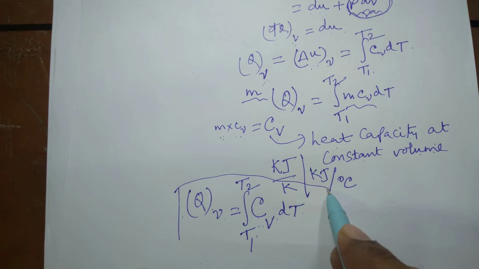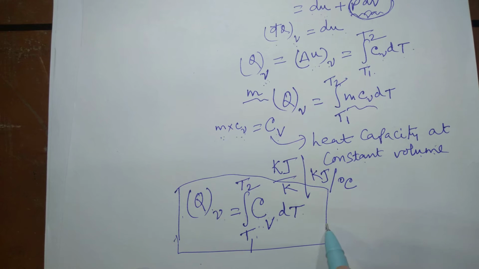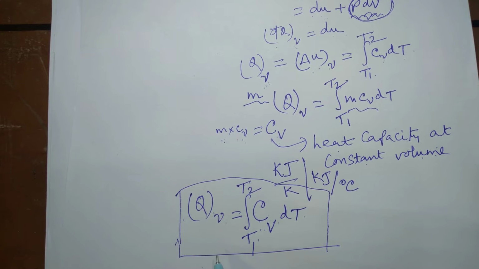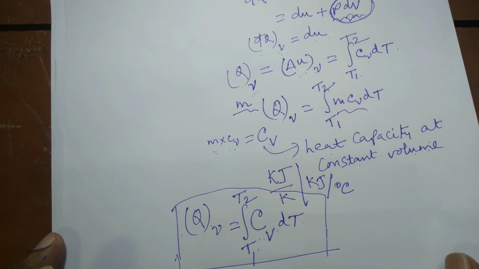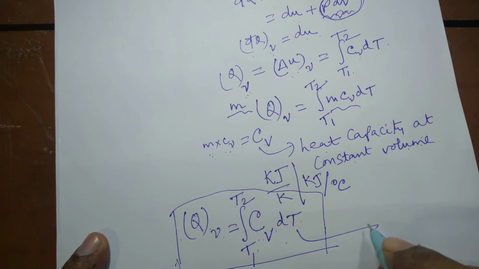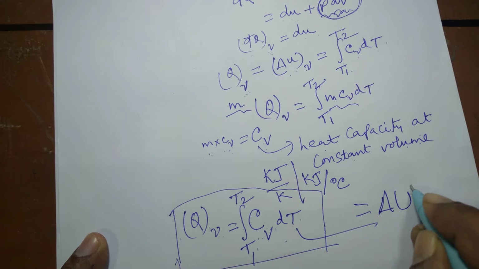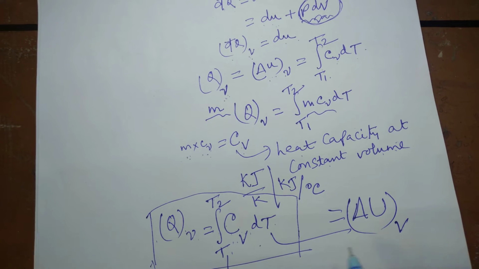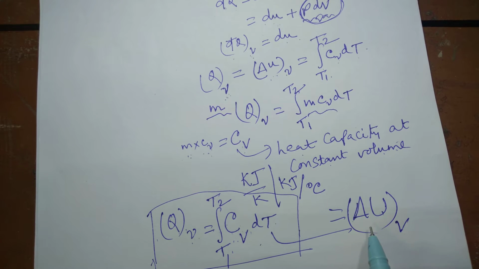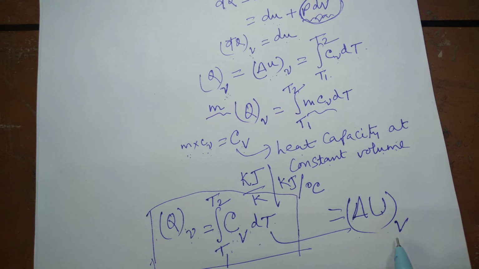This equation can be used for a process that takes place at constant volume, and this is also equal to the change in total internal energy of the system. This is capital U, not small u. The subscript denotes that the process takes place at constant volume.